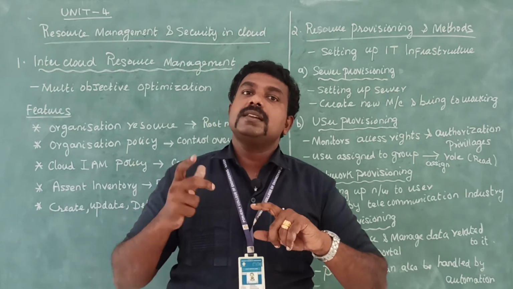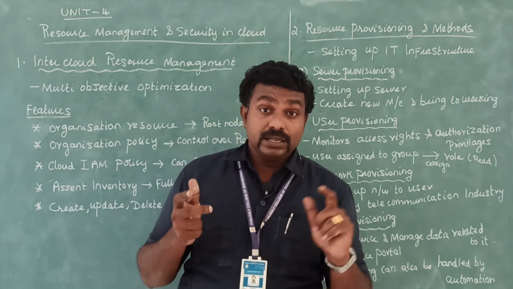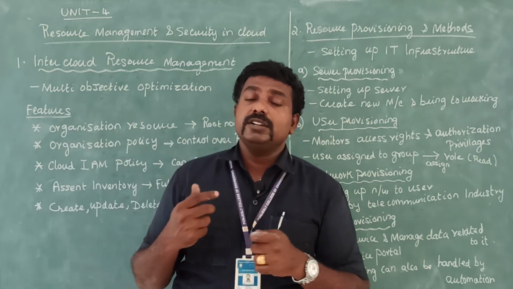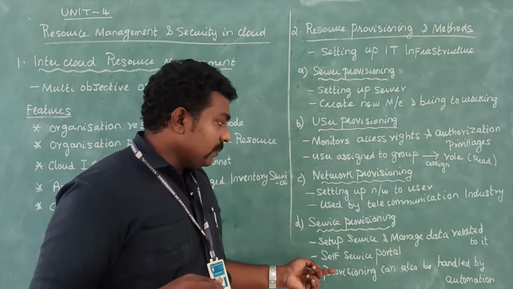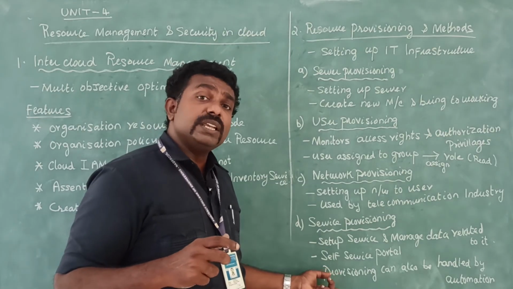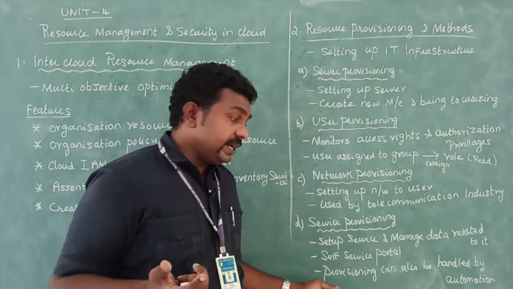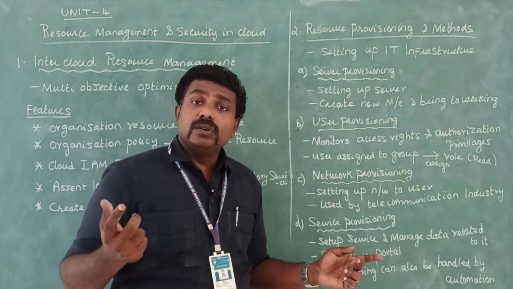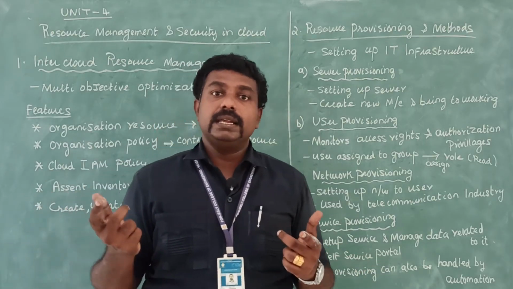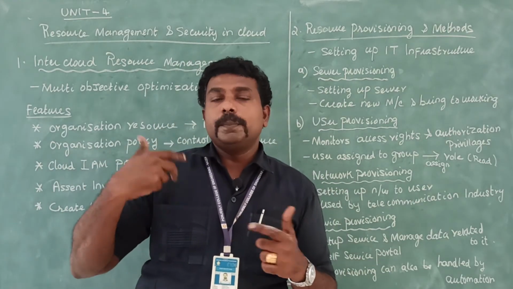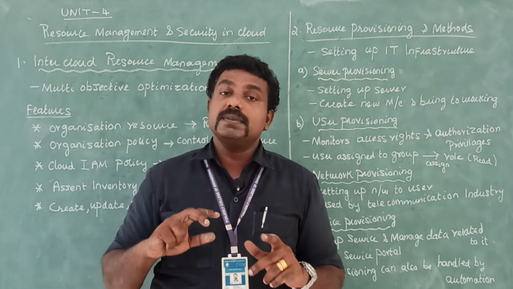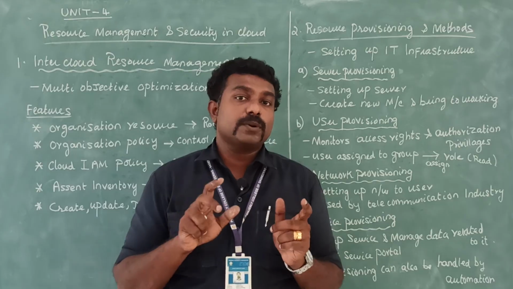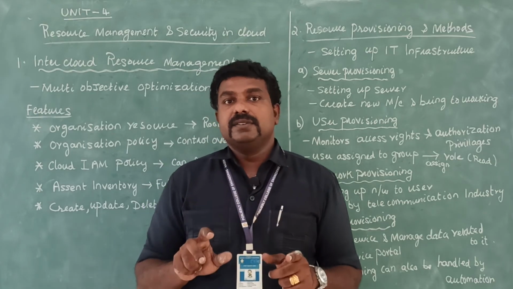There must be some self-service portal available in cloud services also, so that it is helpful for customers to access these services. Similarly, this provisioning has to be automated. Automated in the sense that, without a person's intervention, when you apply, the system itself gives a reply. So it must be automated, and it must also provide self-service portal services.